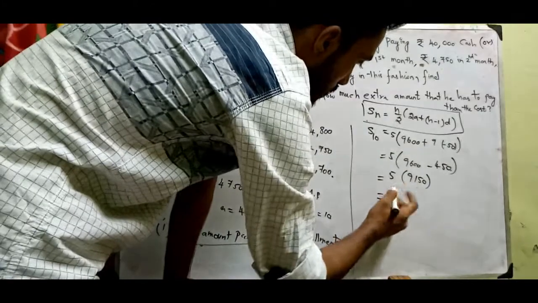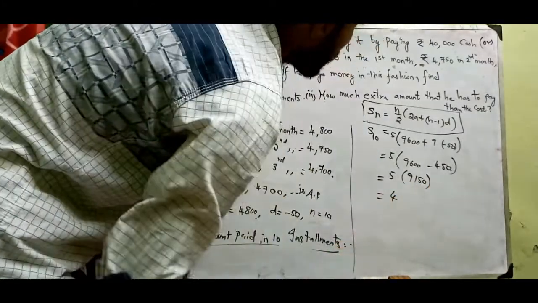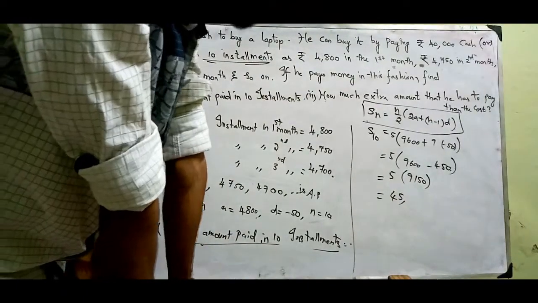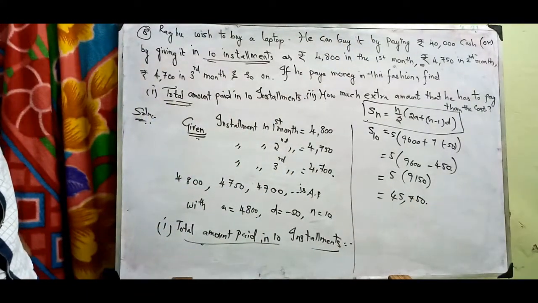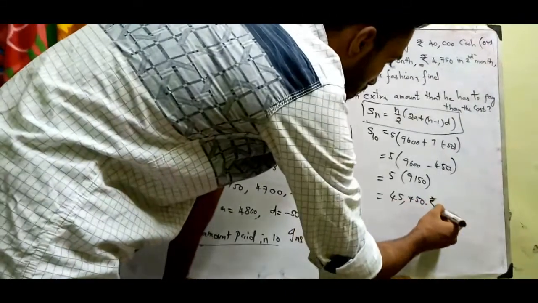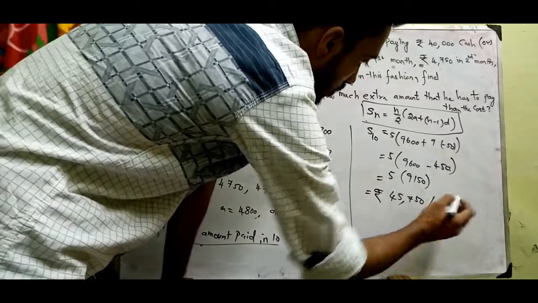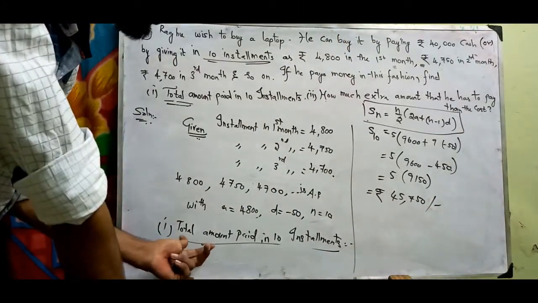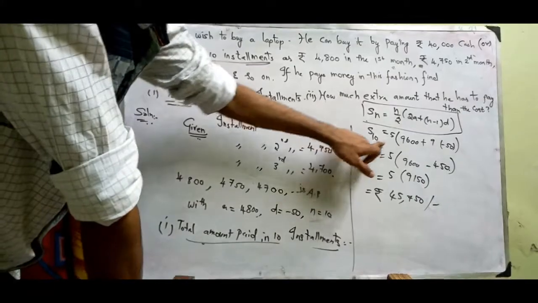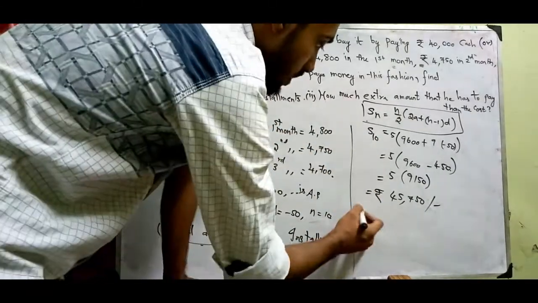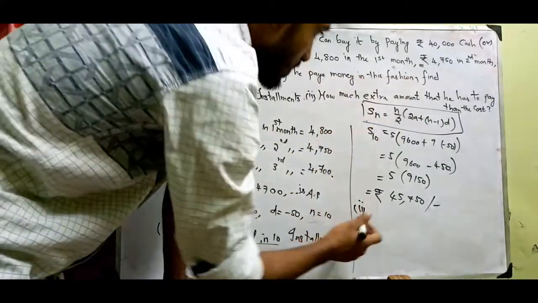If I multiply this with this one, 45,000, 9 fives are 45, and 5 into 150 is 750. Yeah, I think this is it. So this is the amount we have in 10 installments. So the total amount paid in 10 installments, S10, is 45,750.